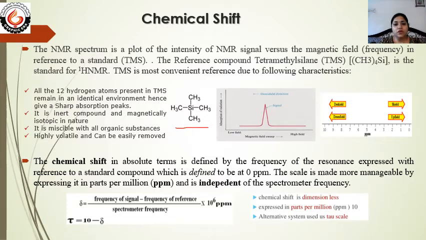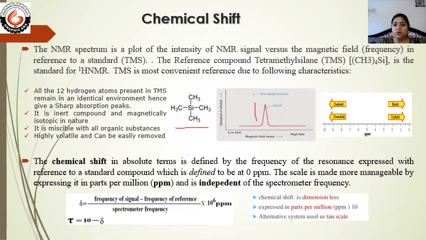Obviously the intensity of this reference will be the highest because it corresponds to 12 hydrogens. Intensity means the peak height. The greater the peak height, the more hydrogens in the same environment. So here 12 hydrogens in TMS are present in an identical environment.